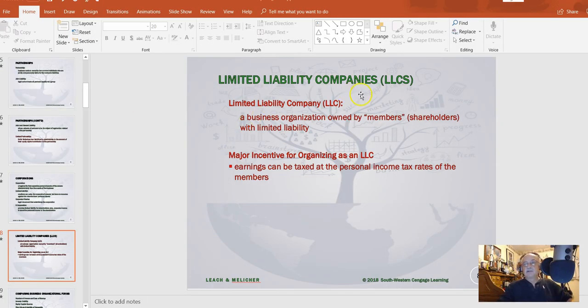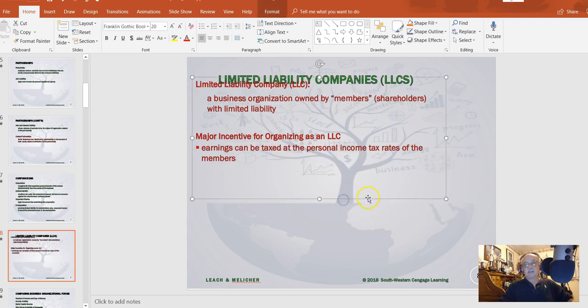It's a business organization owned by members, again I think up to 100, with limited liability. Earnings are taxed at the personal income tax rates of the members. When I've done this in my taxes, I was taxed at my personal rate, which is why I think Trump tried to lower that, as he lowered the corporate rate for corporations.